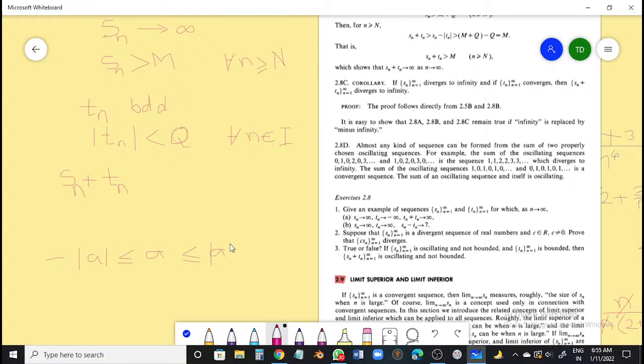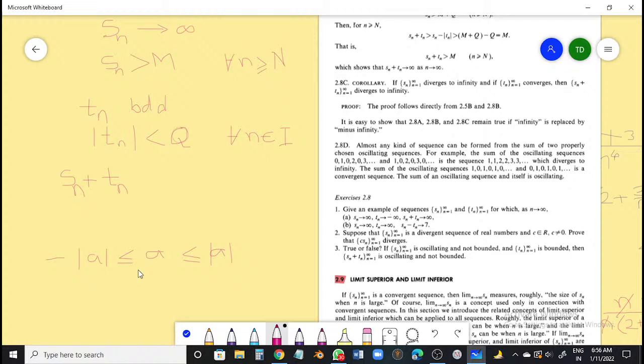Means what? Whatever real number we are handling lies between the negative of its own absolute value and the positive of its own absolute value. If a is negative, it will be exactly equal to minus mod a, but it is already smaller than plus mod a.